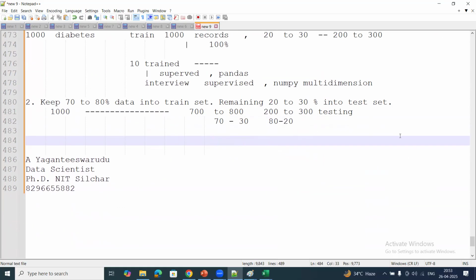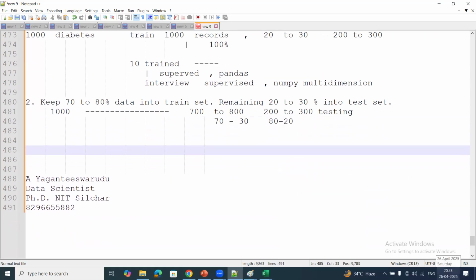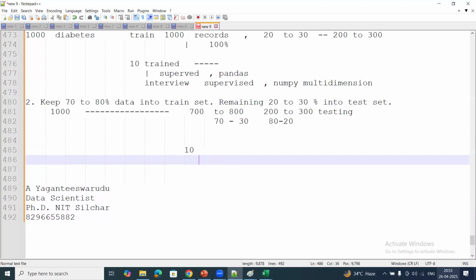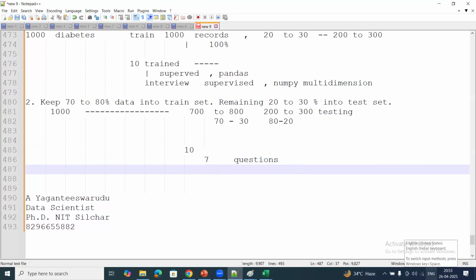I trained my student with the 10 questions. Let us say I have 10 questions. Out of those, I trained my student with 7 questions and I am testing my student with 3 questions. Then whatever problem we faced in the first approach will be eliminated, because the testing set will be different, and I can observe the performance of my student. Again, there is a problem here.